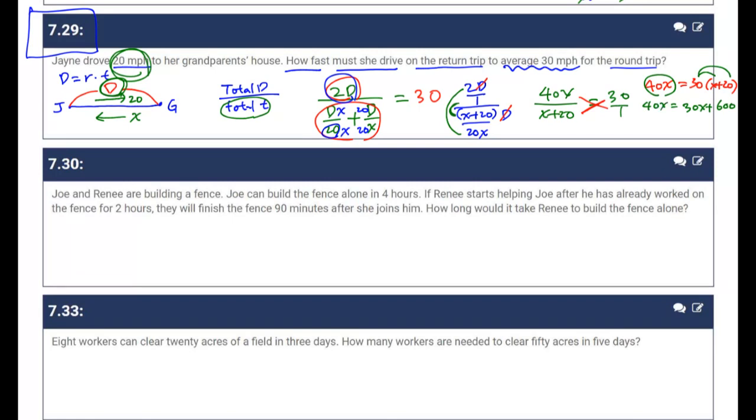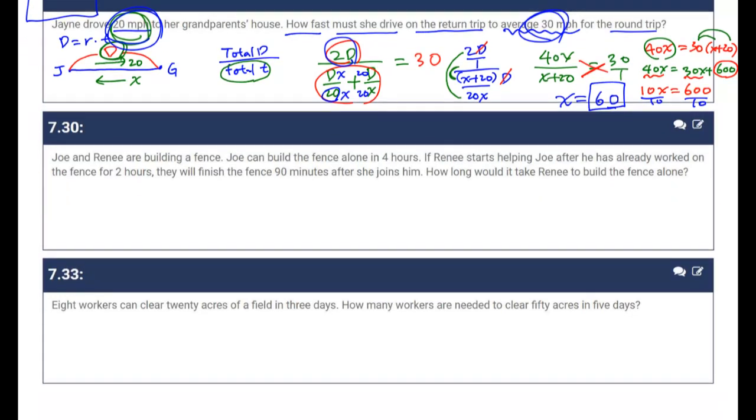I think I can combine these two, will be 10x equals 600 on the right side. So if I divide both sides by 10, x now is 60 miles per hour. 30.